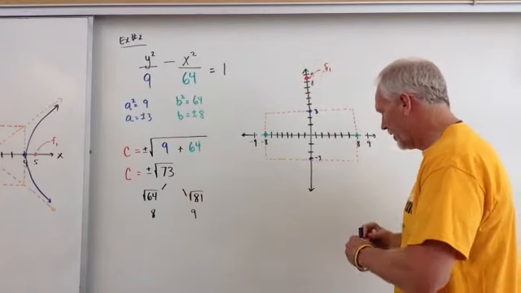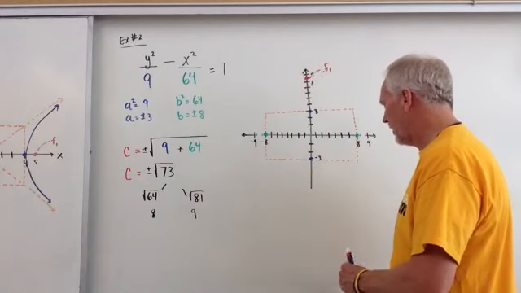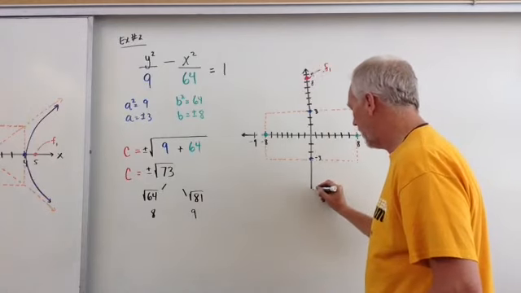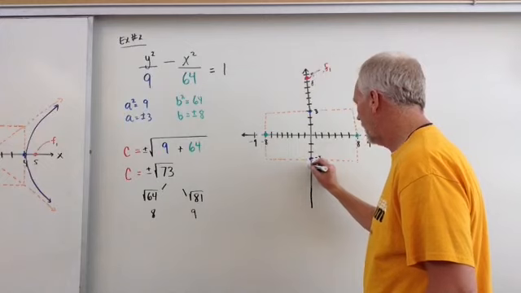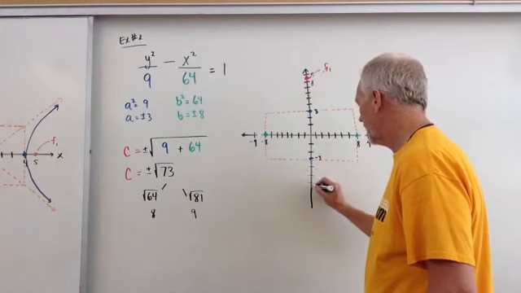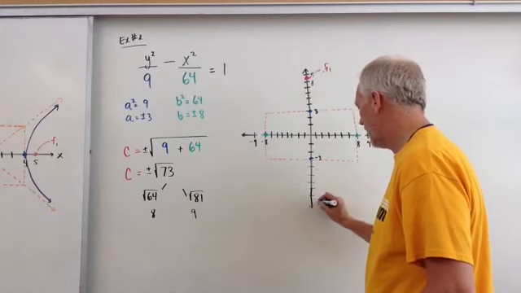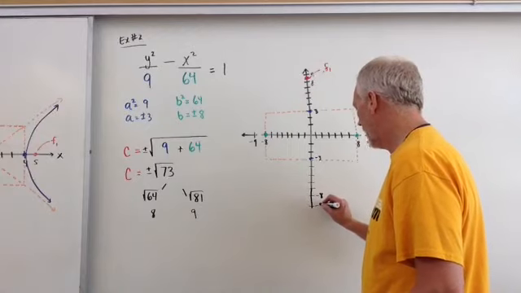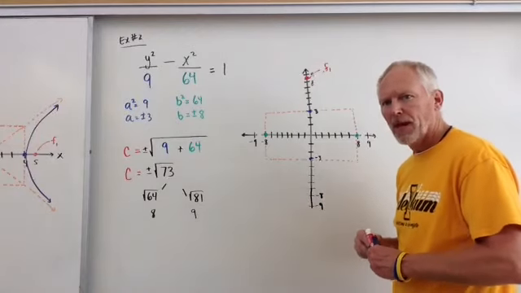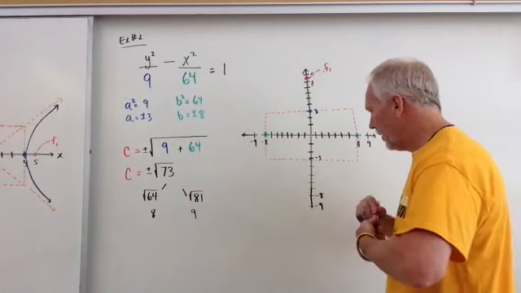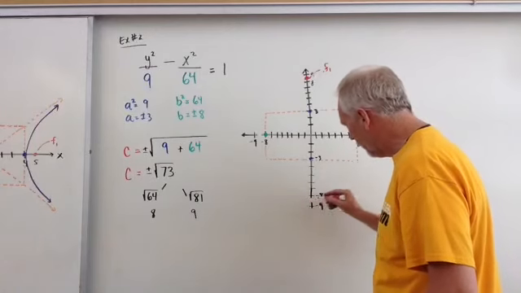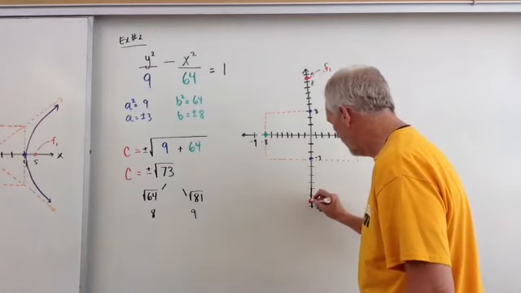F1, and then I need to go between 8 and 9 units down, so we're going to have to extend this a little bit. It's okay. 4, 5, 6, 7, 8, 9. So -8, -9. Okay. And then we'll have a focal point here.